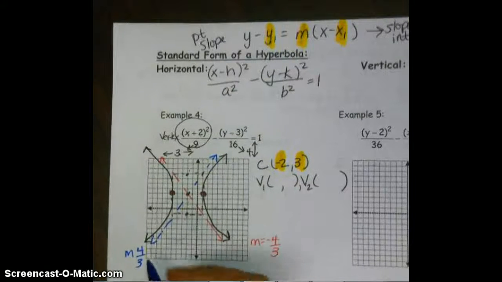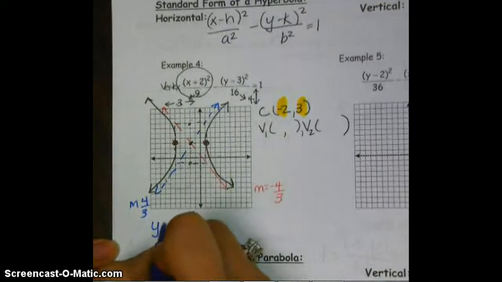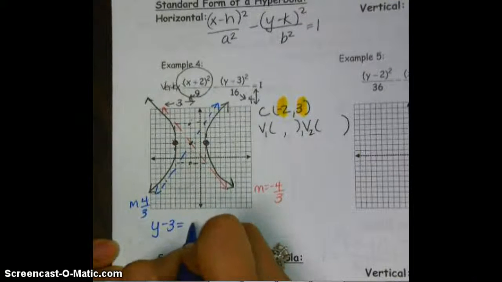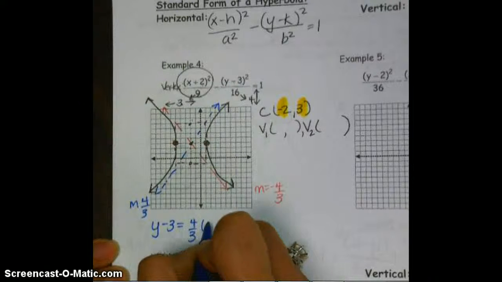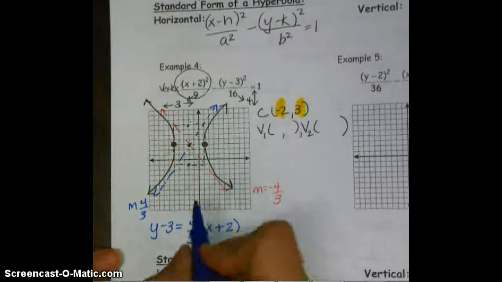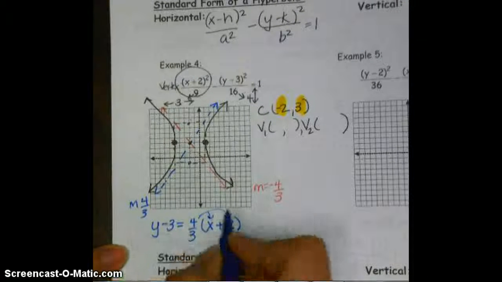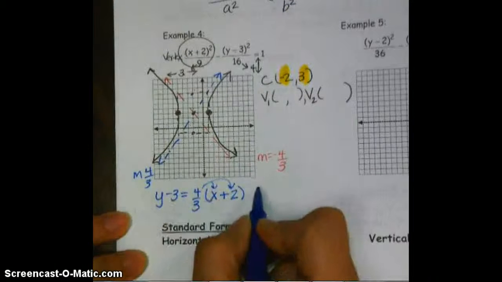So if I work out my positive one first, substitution looks like this. Y minus 3 equals 4/3 times x plus 2. You're going to distribute, and after distribution, you're also going to have to move this negative 3 to the other side so that it will be in slope intercept form.